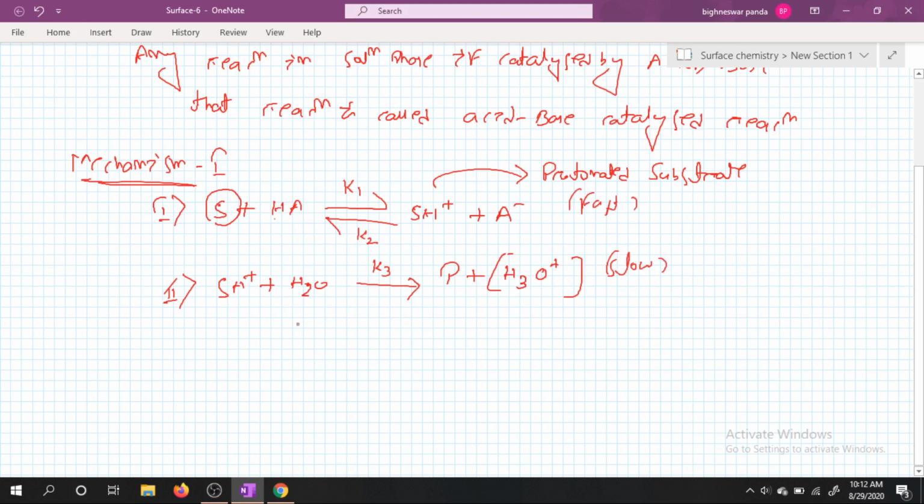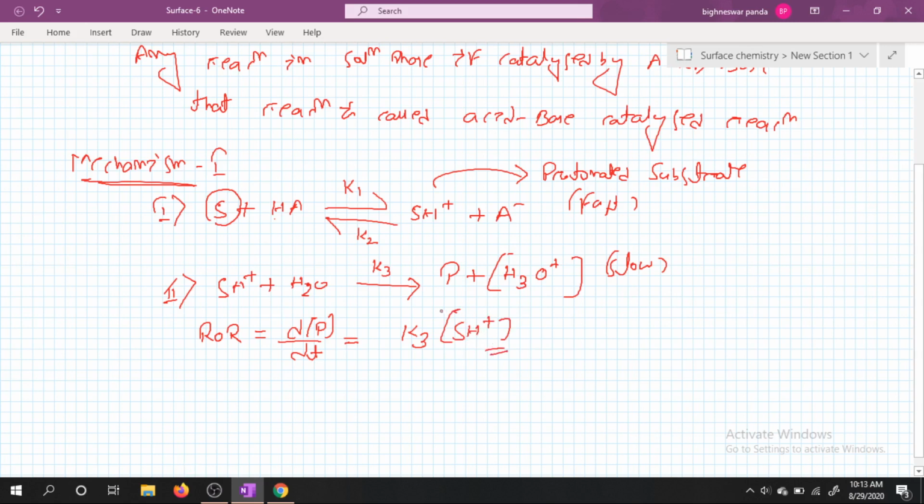I need to calculate the rate of reaction of acid base catalysis. So for this reaction, the rate of reaction I can simply write as dP by dt, and it will be equal to K3 SH plus. So this is the rate of reaction.